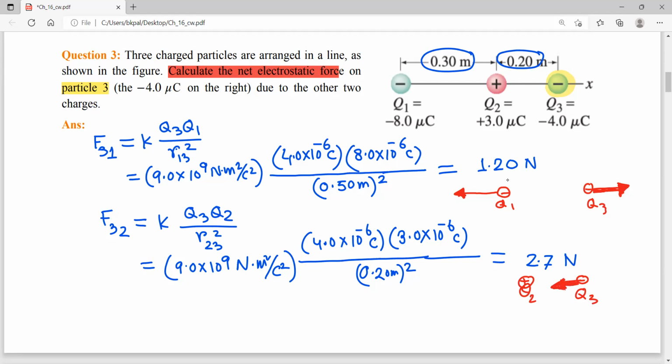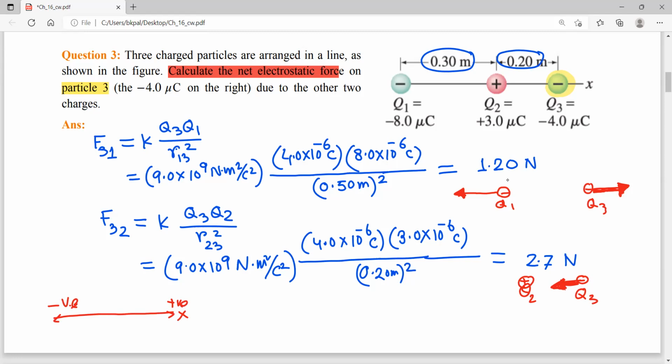In our usual convention, on the x-axis right is positive and left is negative, and you see that F32 is to the left.